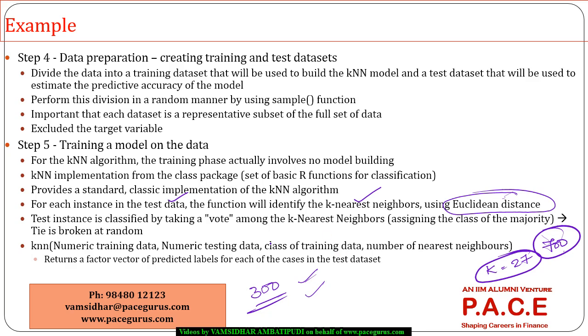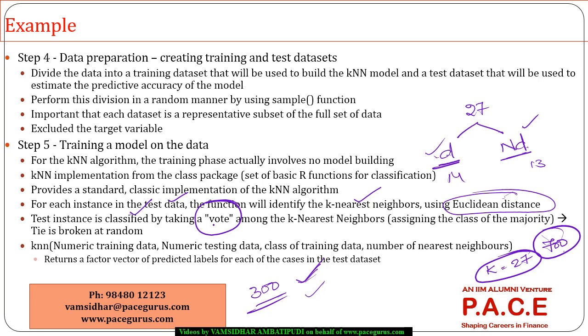Once those 27 nearest neighbors are identified, the classification is done through a voting system. Out of these 27, how many have gone into the default category, and how many into the non-default category. Whichever category is the maximum, let's say this is 14 and this is 13, then this instance would be classified as default.